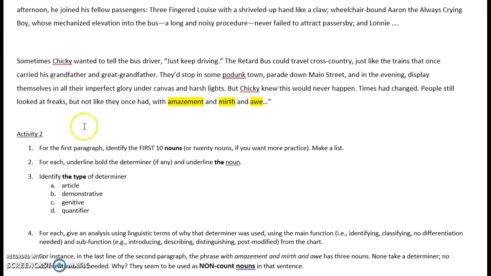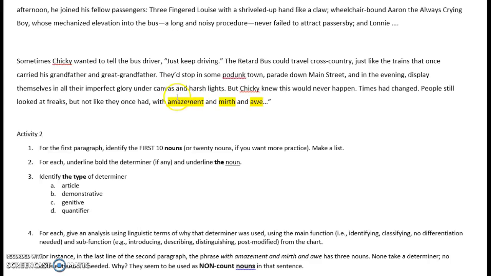So, for instance, I started at the end, but I noticed that this sentence had 3 nouns: amazement, mirth, and awe. I wanted to give you this example because sometimes students focus on determiners instead of nouns here, and even though these nouns do not have determiners, they're still nouns and noun phrases.